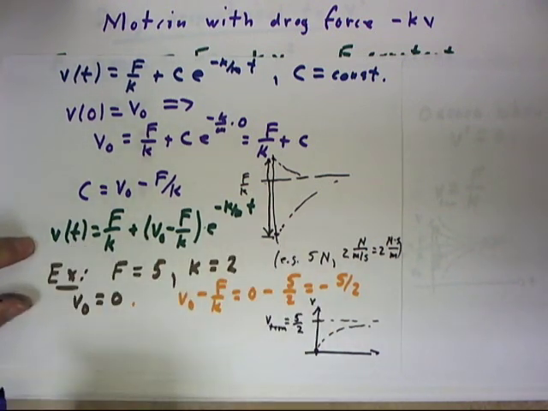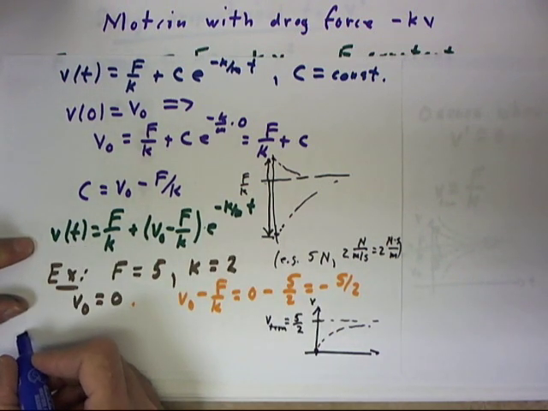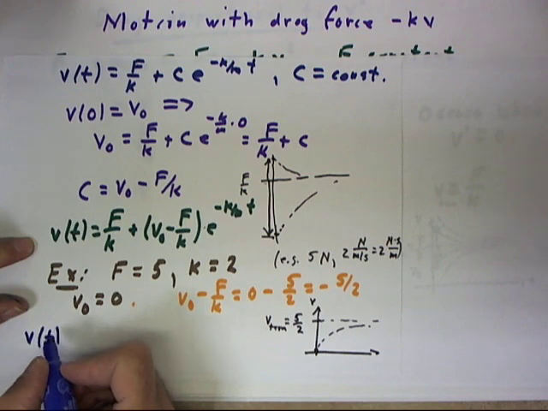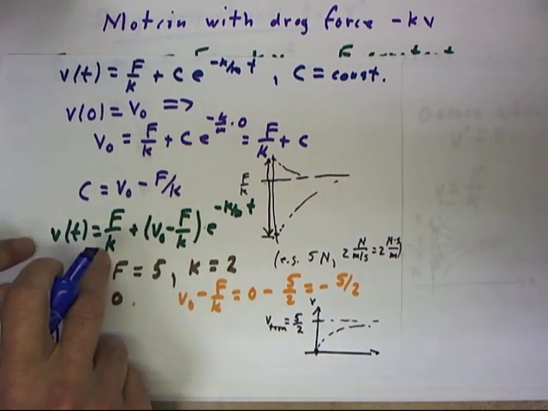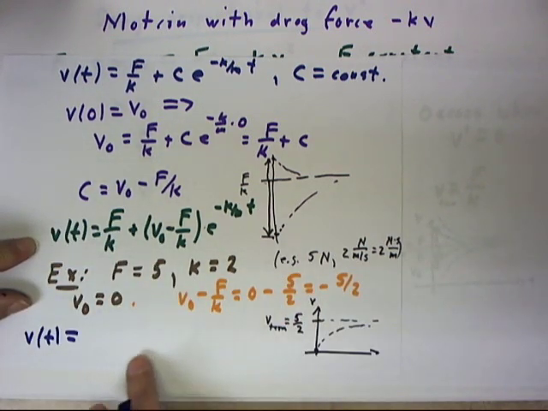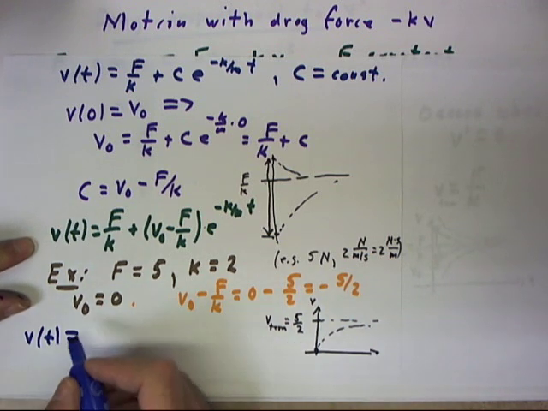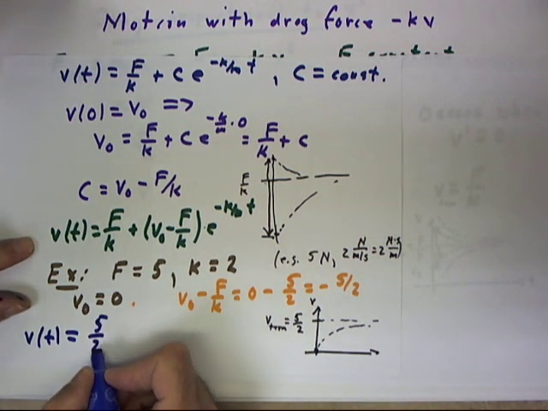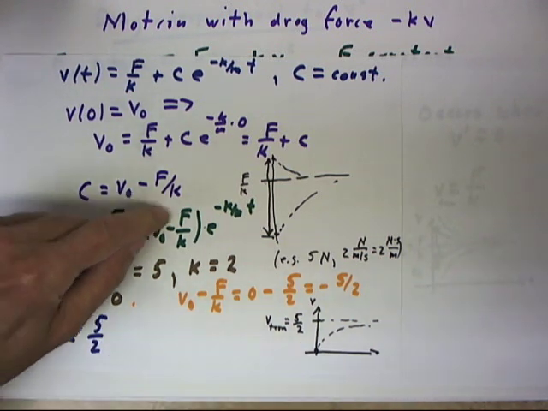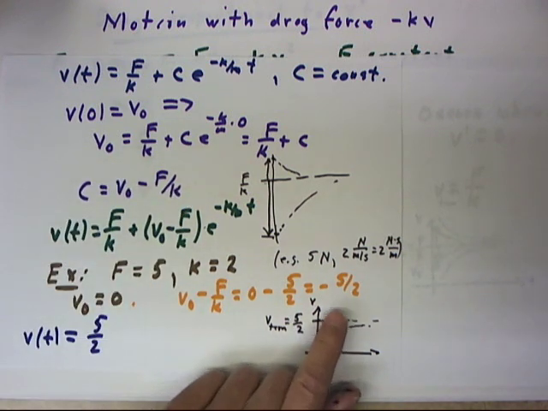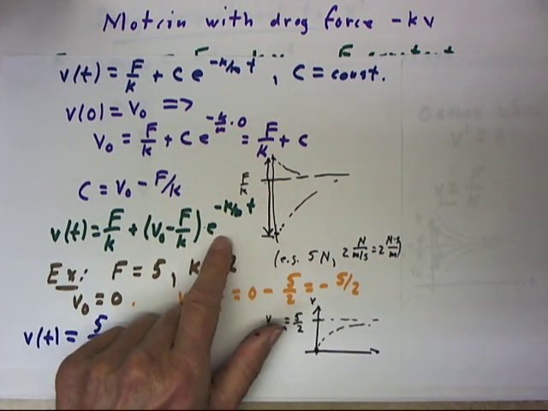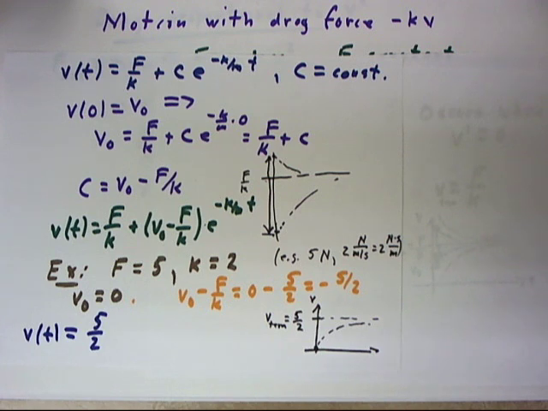Our solution then becomes v of t equals f over k, which we've seen to be 5 halves, plus v naught minus f over k. Well, that's negative 5 halves, and that's multiplied by e to the negative k over m t.